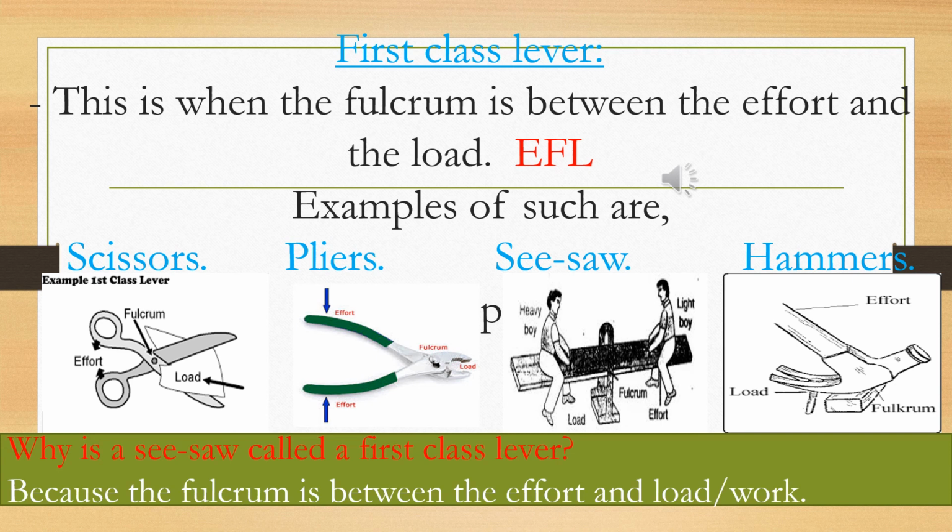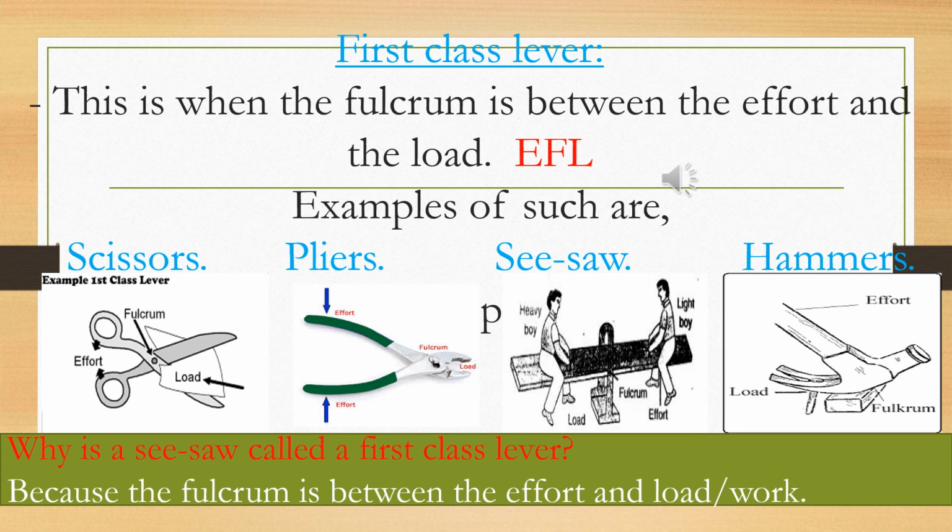If I ask you to give me examples of devices under the first class lever, you can talk about the scissors, the seesaw, the hammer, the pliers. Question 1. Why is a seesaw called a first class lever? Who can give us the answer?